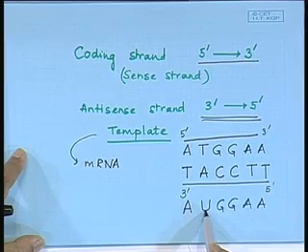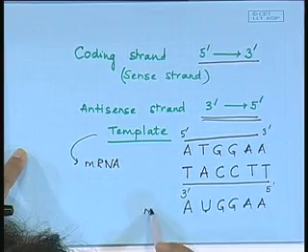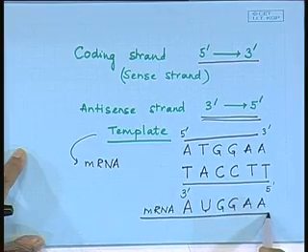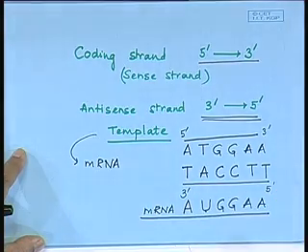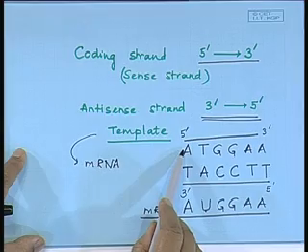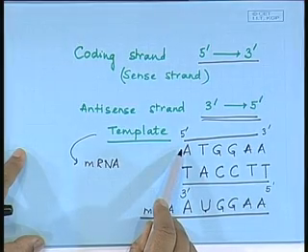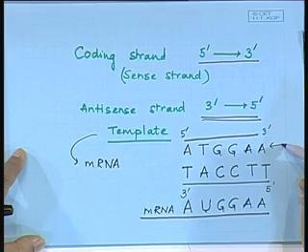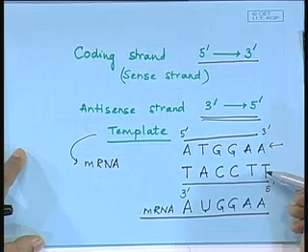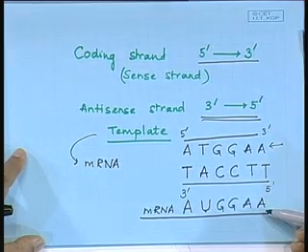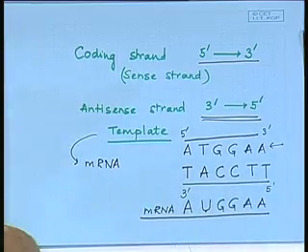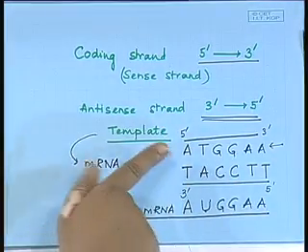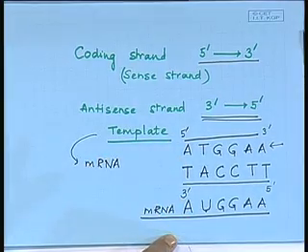Because now I am speaking of mRNA. So, this information it has taken from this, right? You understand that. This is the sense strand, the coding one. This is the template. This is the mRNA. Okay? That is what it does in transcribing the information from the DNA. So, it has taken the information from the DNA now.